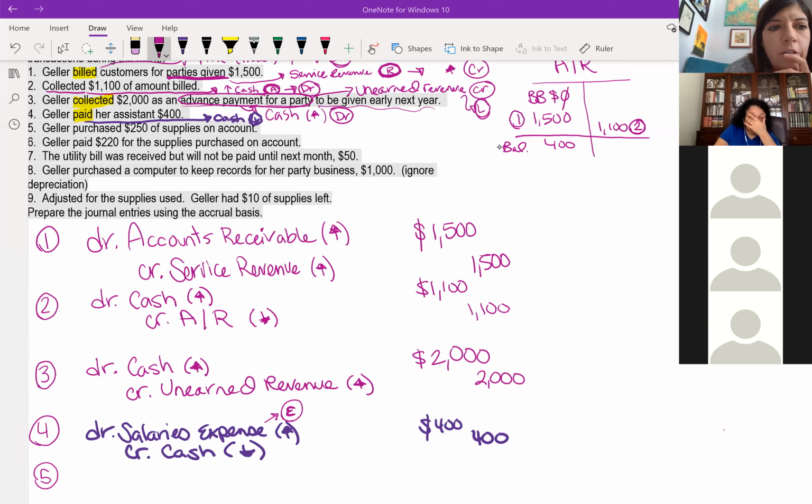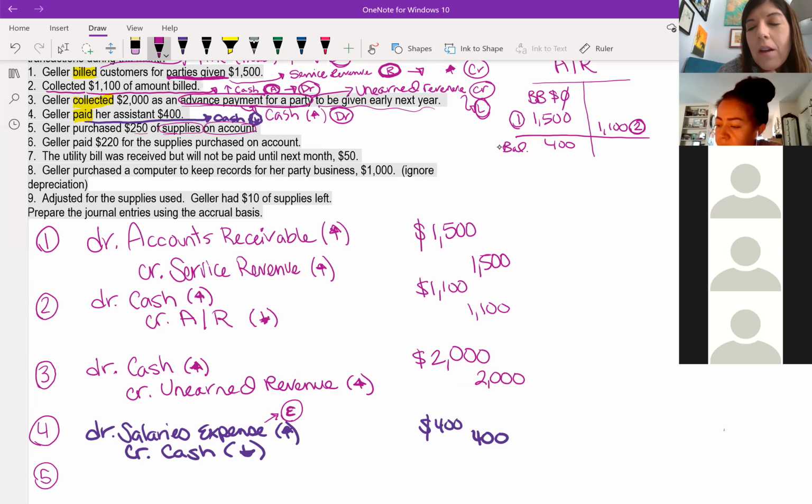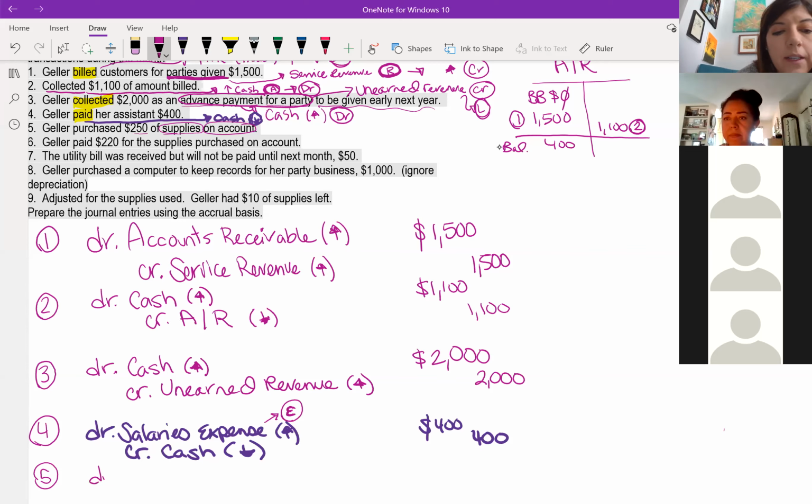Okay, number 5. Geller purchased $250 of supplies on account. So what are the two accounts impacted? Supplies and accounts payable. Supplies is what type of an account? Asset. Supplies is an asset.